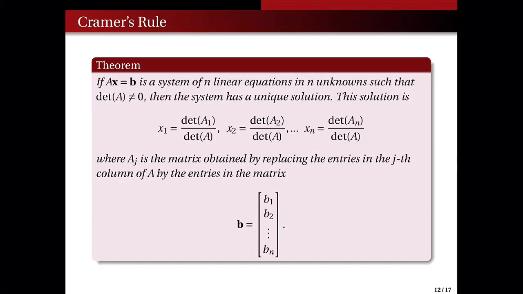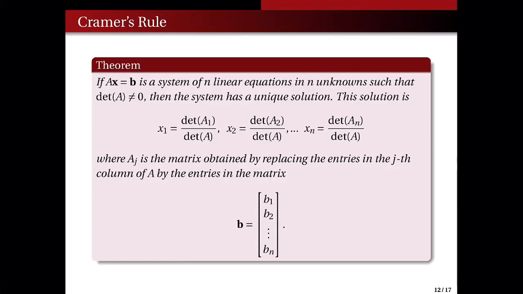For example, look at the matrix A sub j. It is the matrix obtained by replacing the jth column of A by the entries in the matrix B. Take note that B here is just a single column. So you get column j, remove that, and replace it with this matrix B. That will be your A sub j.